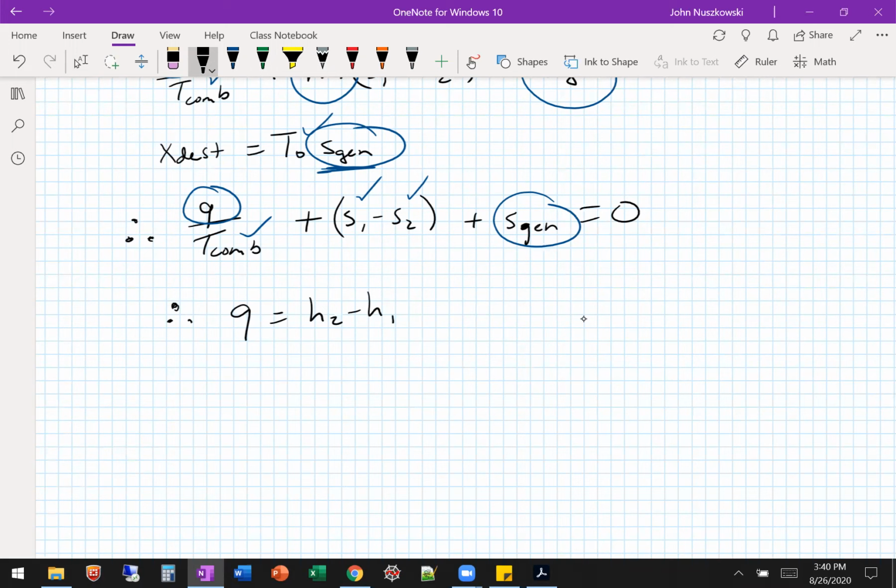And we get 843.3 BTUs per pound mass. Okay, so now we have lowercase q. So the only unknown in this equation is S gen, so we can solve for entropy generated.